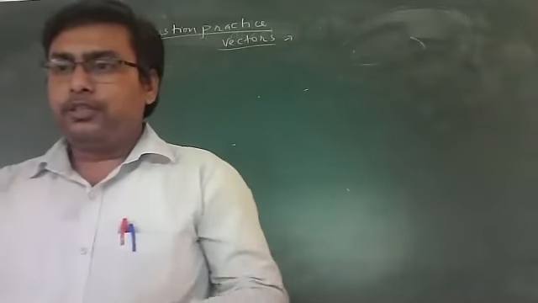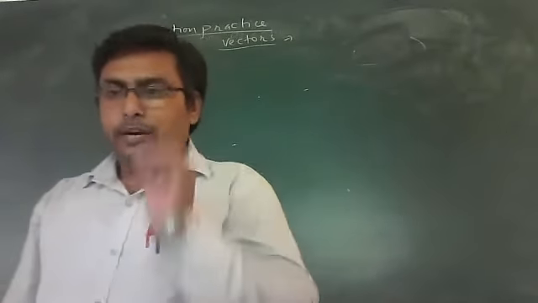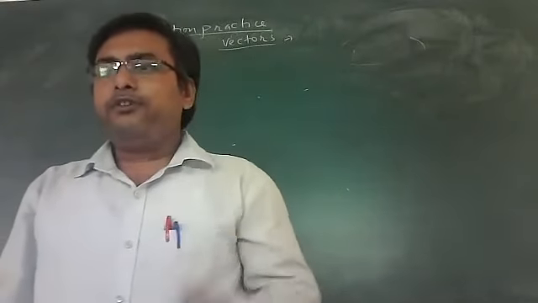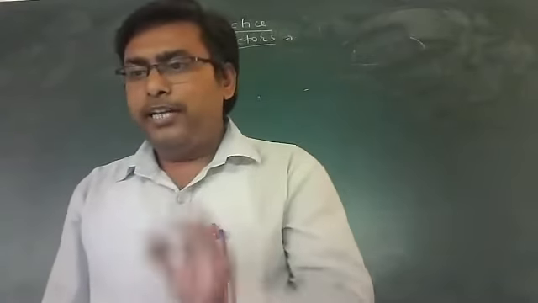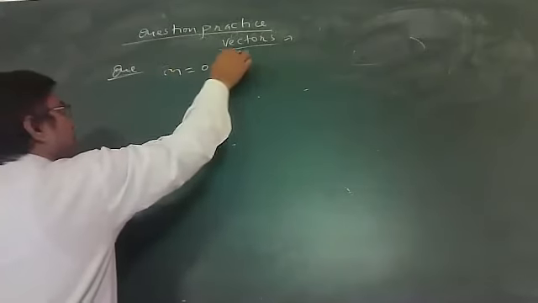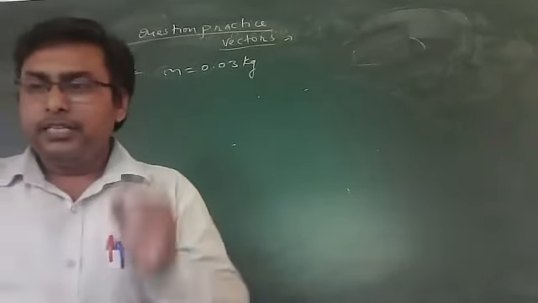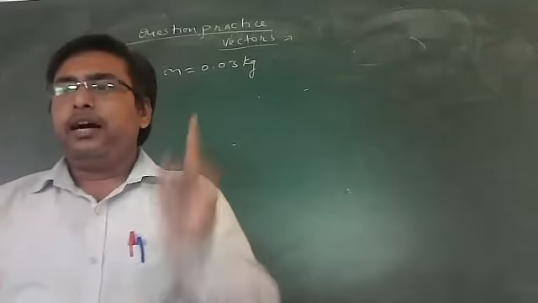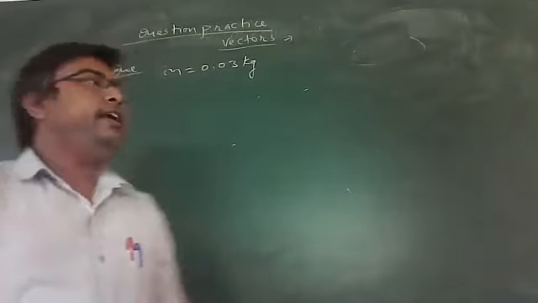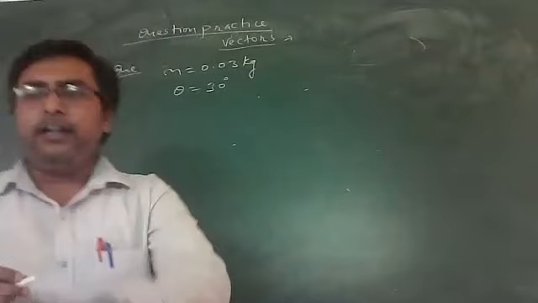Determine the horizontal force. This is the next question. Determine the horizontal force required to displace a mass of 0.03 kg suspended by a string until the string makes an angle of 30 degrees with the vertical.